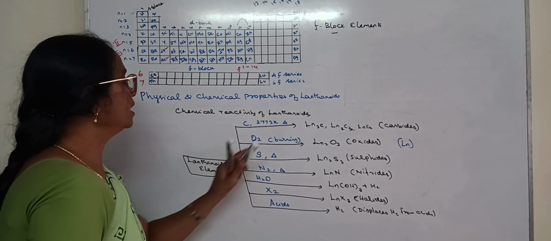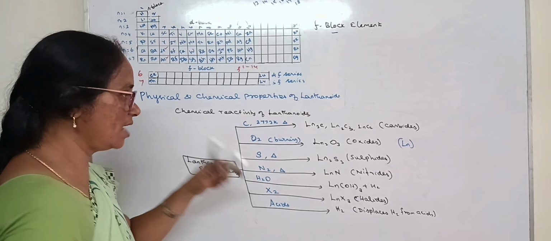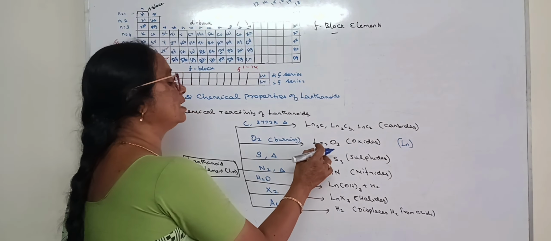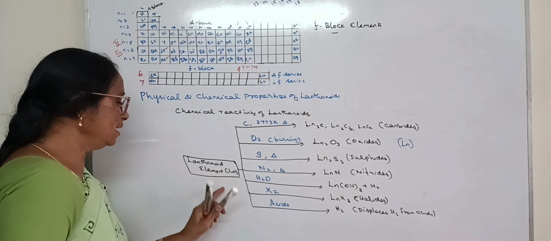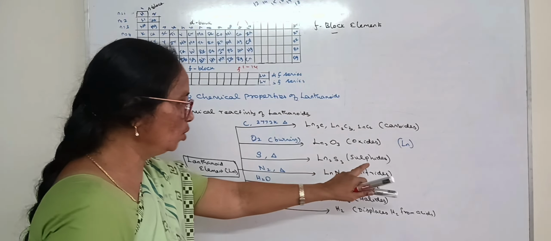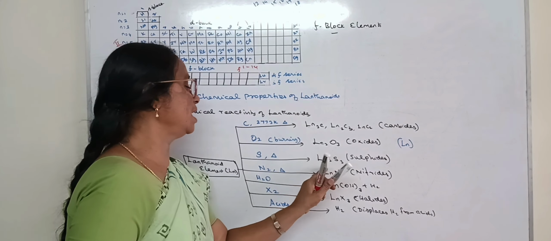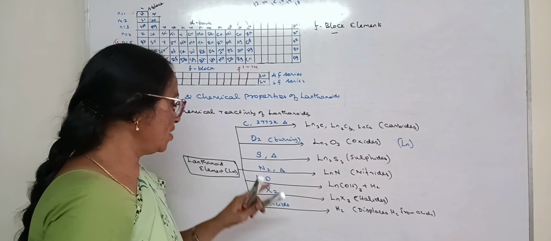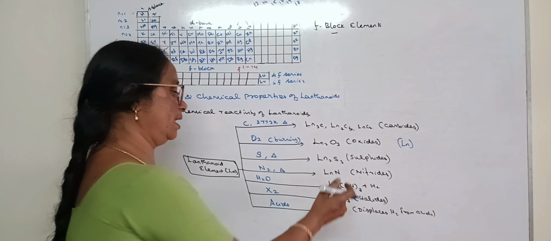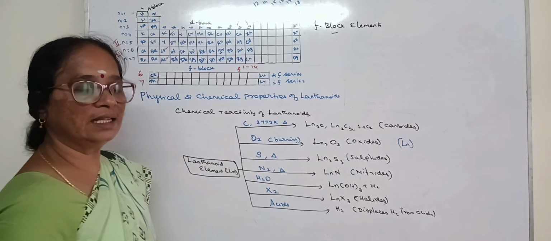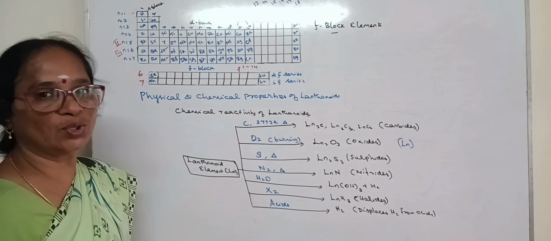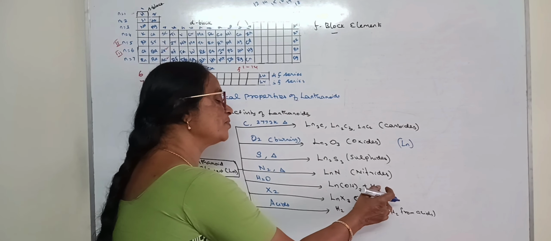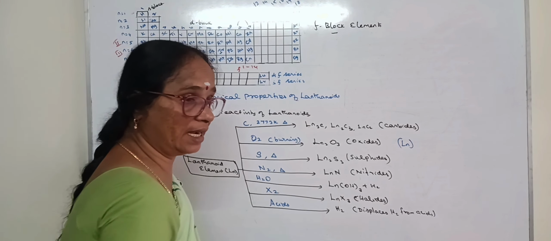On burning, combustion with oxygen, they form oxides of the type Ln2O3. Or when heated with sulfur, they form sulfides of the type Ln2S3. Or with nitrogen on heating, they give lanthanide nitrides. And they also react with water, forming hydroxides as well as hydrogen.